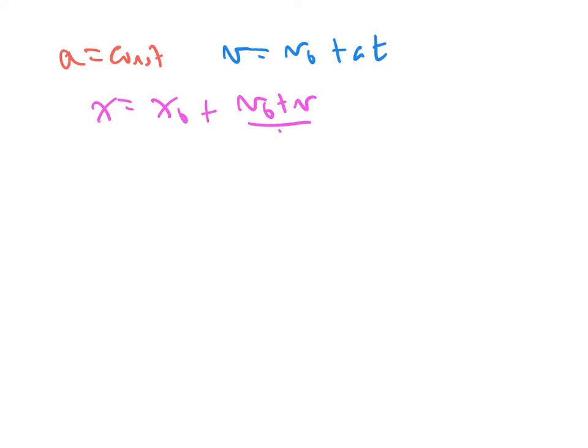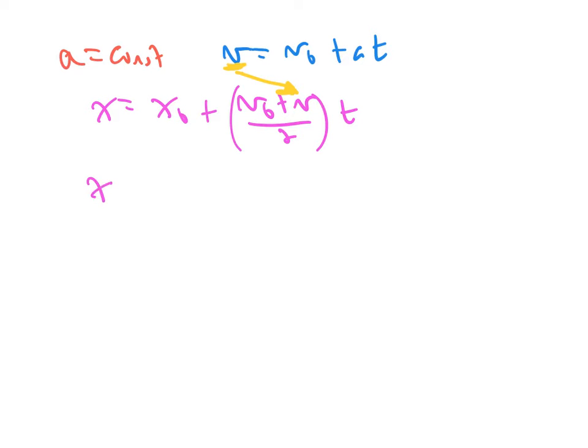So we have a equals a constant, and then we had v equals v0 plus a times t, and we just ended up with that x is x0 plus v0 plus v over 2 all times t. And the trick we're going to do now is take this value and plug it into that place and see what comes out.